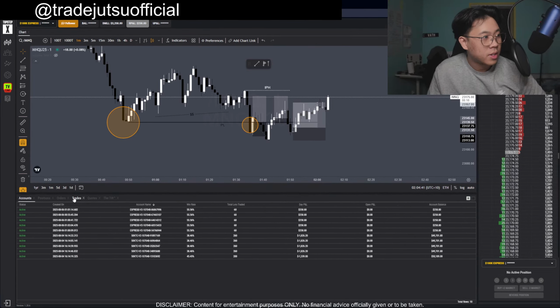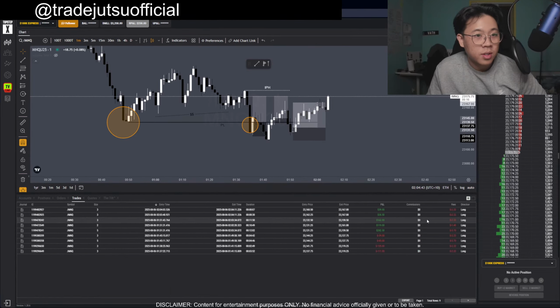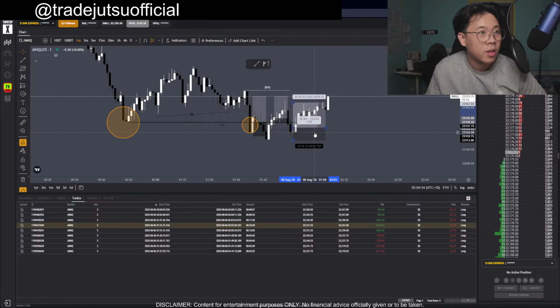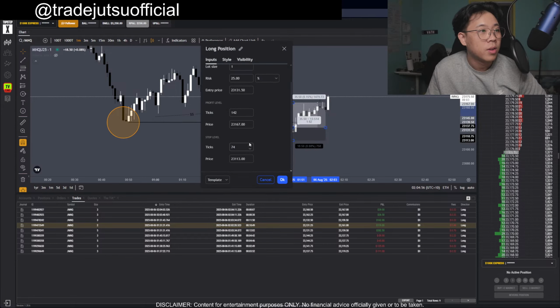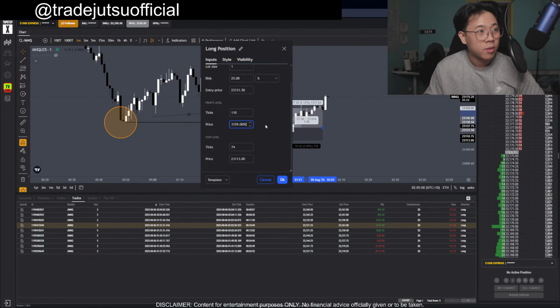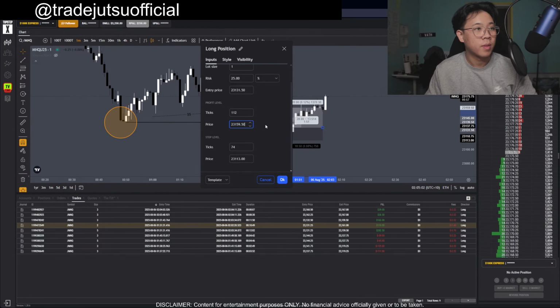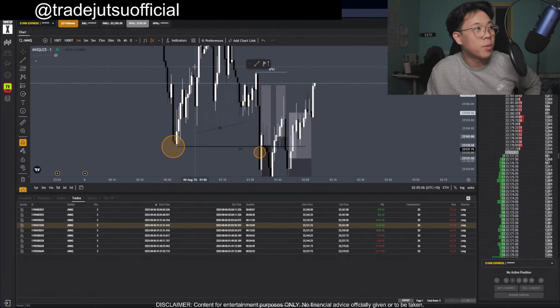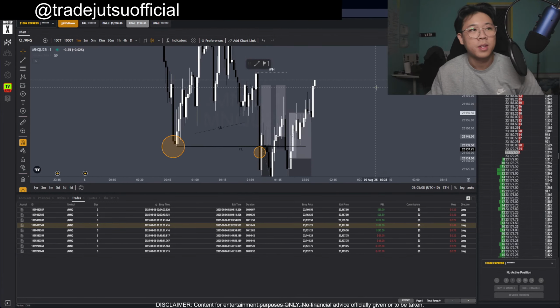Where did that one actually close? That one actually closed at 159.50. Right? Yeah, 159.50. My goodness gracious. And it continues going up. Oh well, whatever.